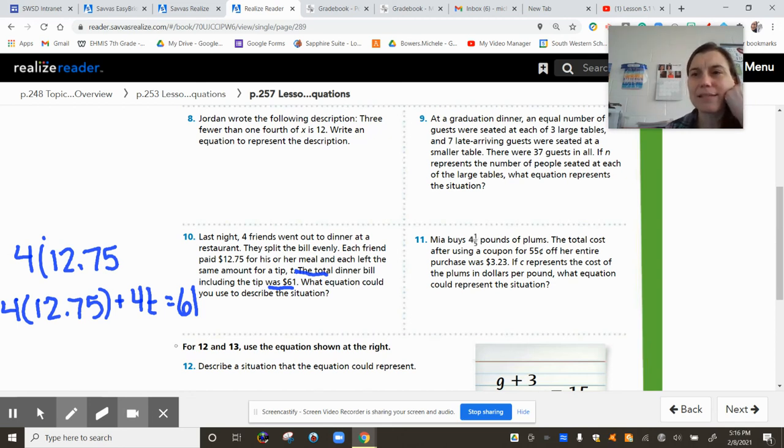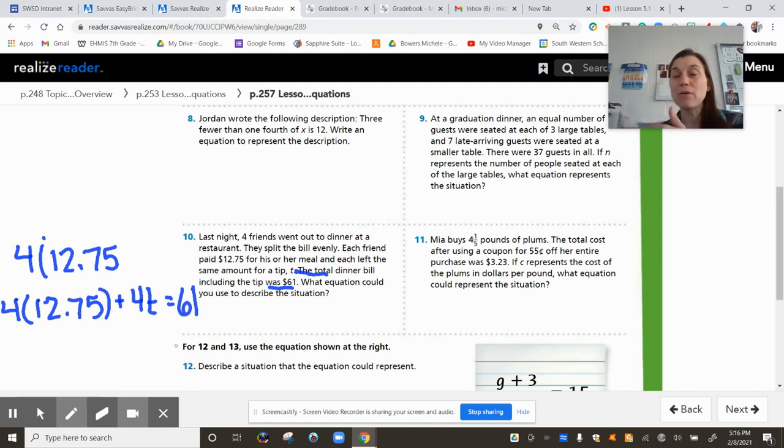The other way is this. Think about it this way. Imagine you're the friend who's collecting the money. You put your money in first. You put down $12.75 plus a tip. You lay that down. Then the next person gives you $12.75 plus a tip. And the next person gives you $12.75 plus a tip.